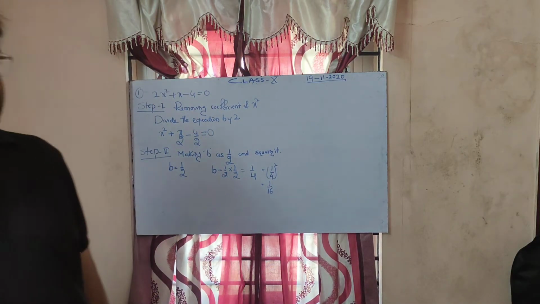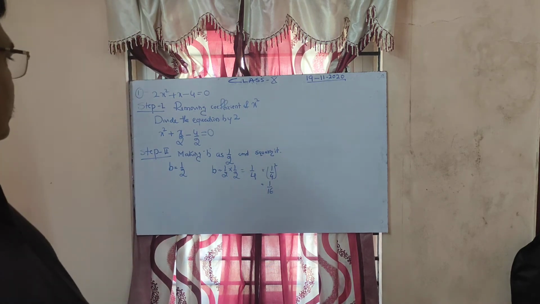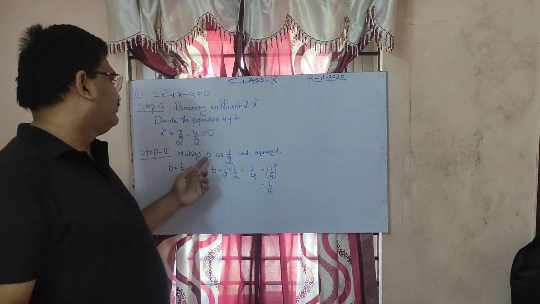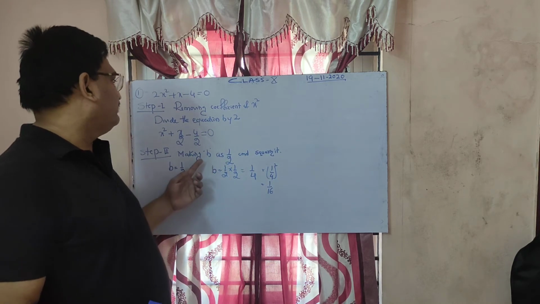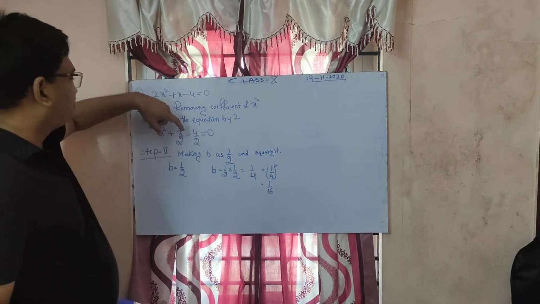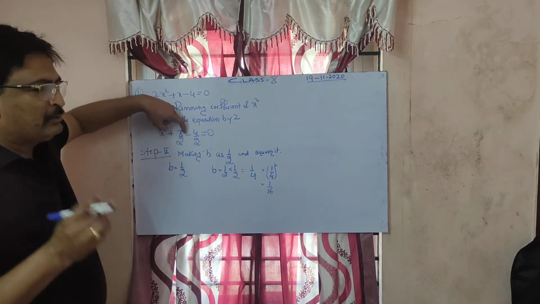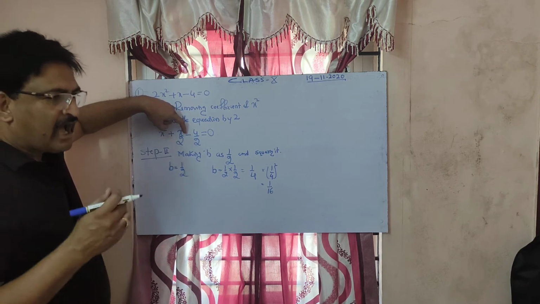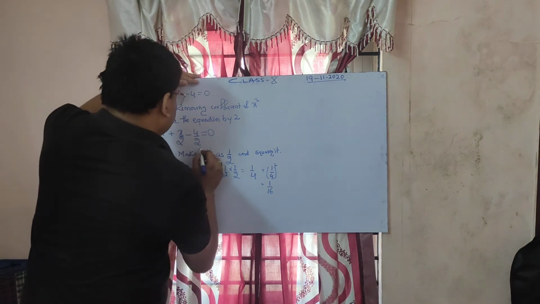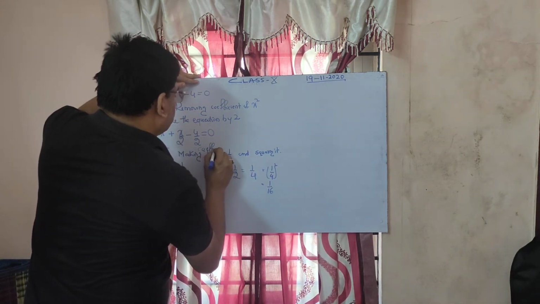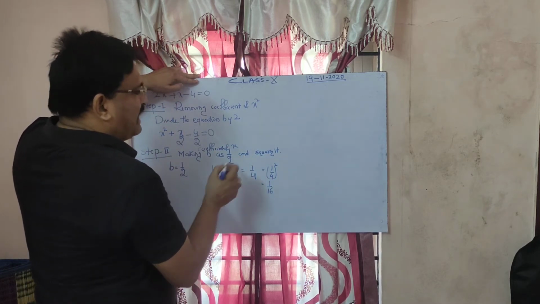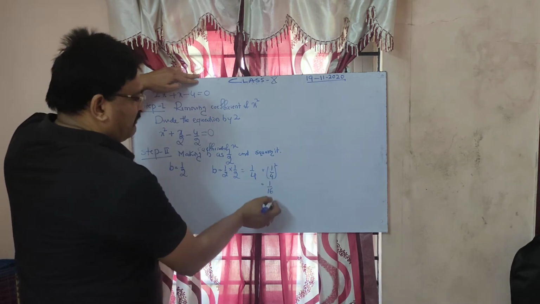First, what we have to do is make B, or the coefficient of x, as half and square it. So we have done it.